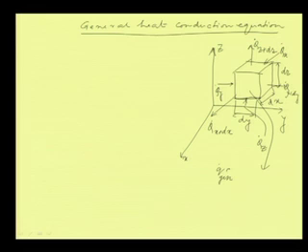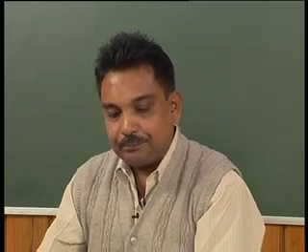The volume of this differential element is dx dy dz. Rate q dot gen into dx dy dz is the rate of heat generation in the differential element, and we will assume that the rate of heat generation is uniform throughout this volume element. Okay.